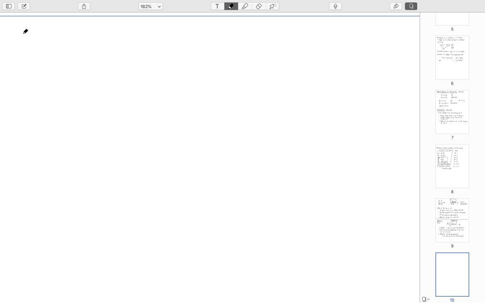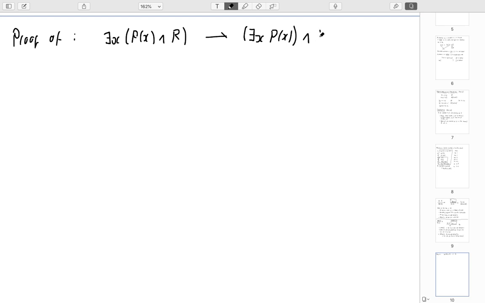We're going to prove the following implication. So suppose it holds that there exists an x such that p holds of x and r, then there exists an x such that p holds of x and r is true.